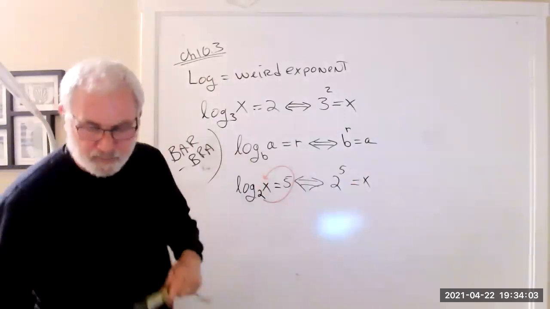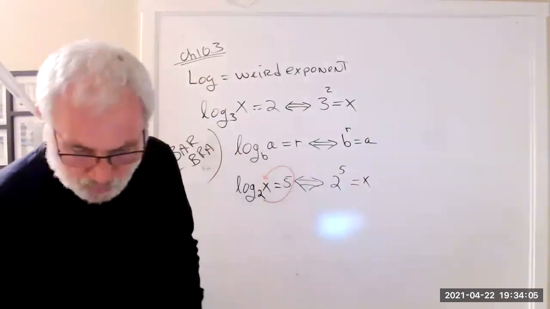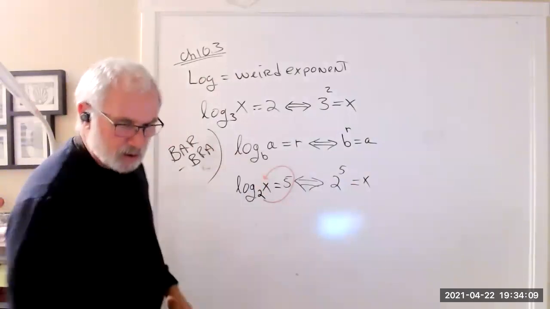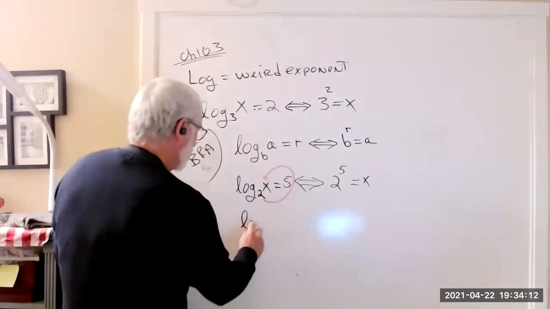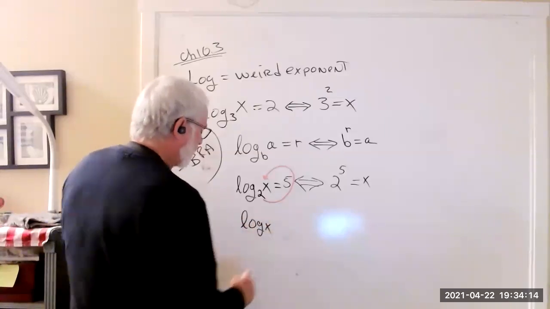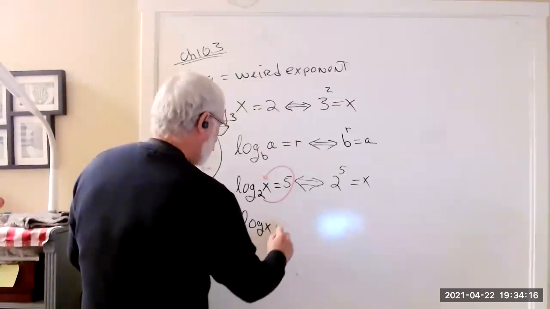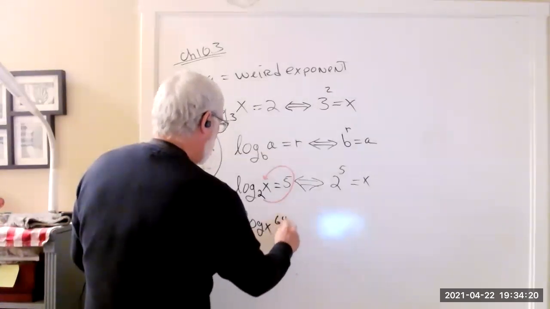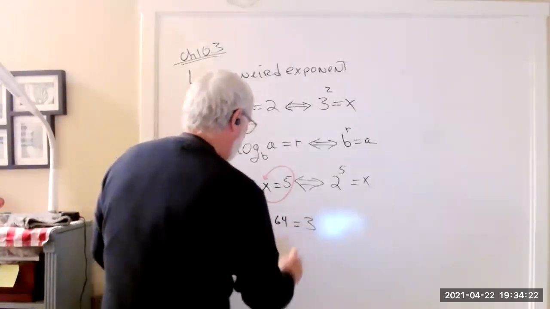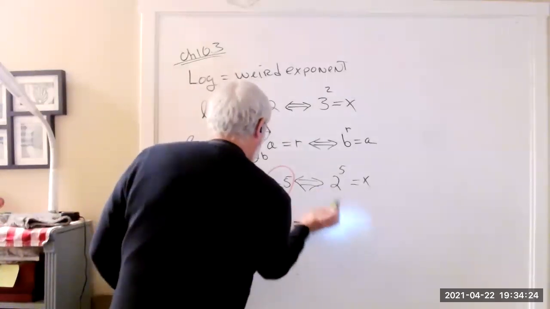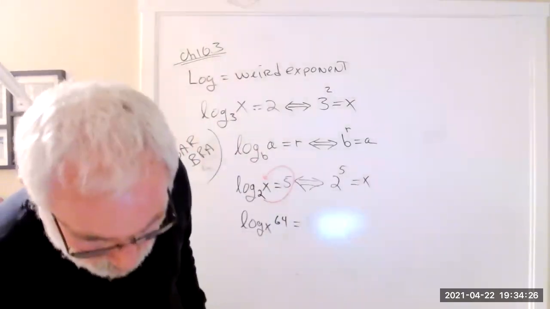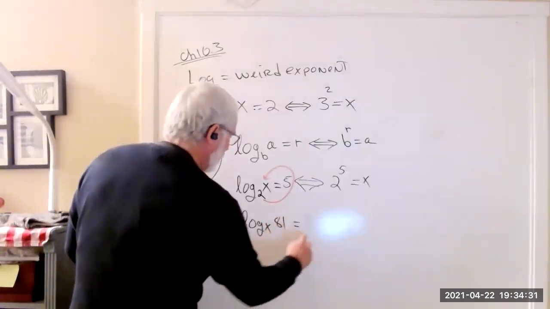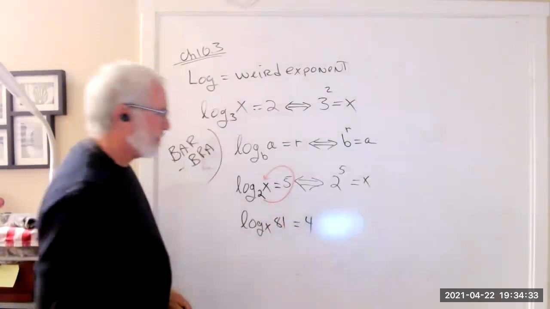So how about this one? What if I gave you log base x of 81 equals 4. Log base x of 81 equals 4.